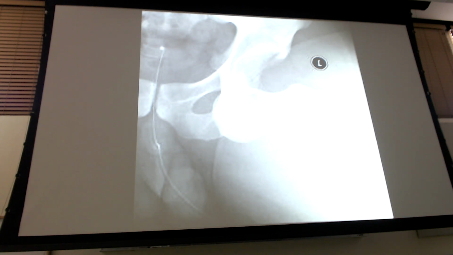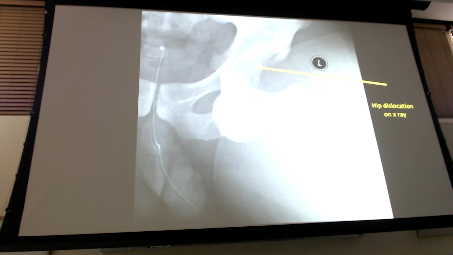What's going on here? Which way? Where's that femur going? Anterior. Again, you look at this and boy, that looks posterior in that femoral head, doesn't it? It's playing tricks on you. Your brain wants to think in 3D with a 2D image because we live in a 3D world.